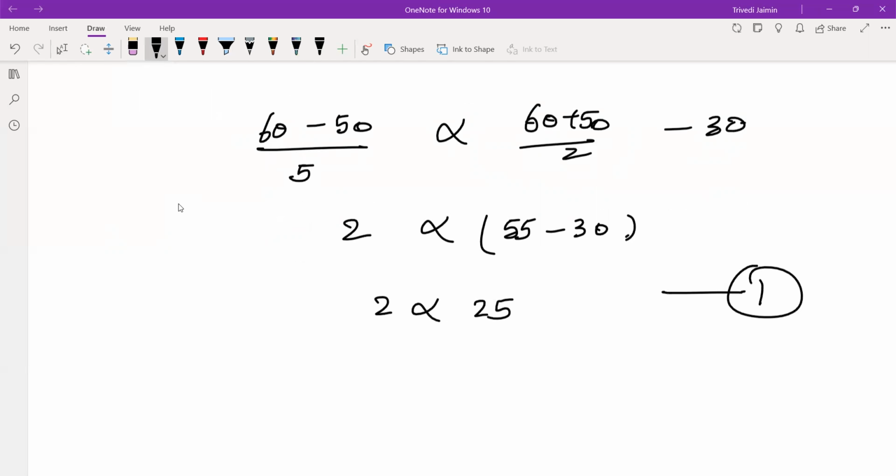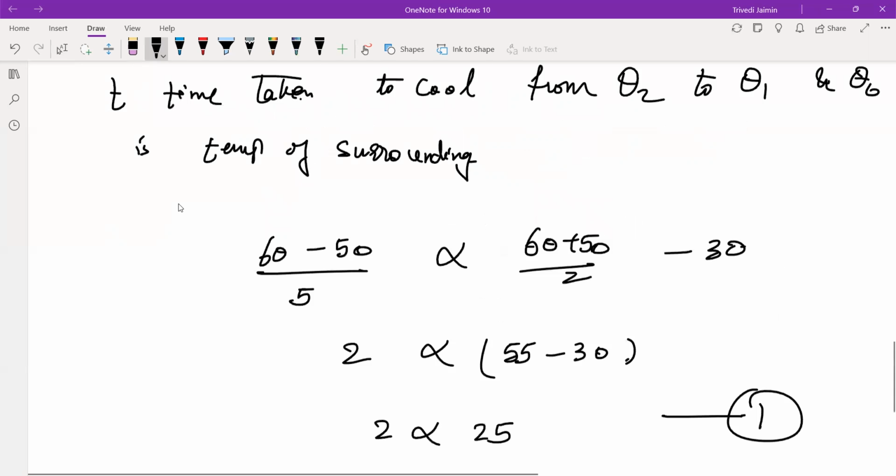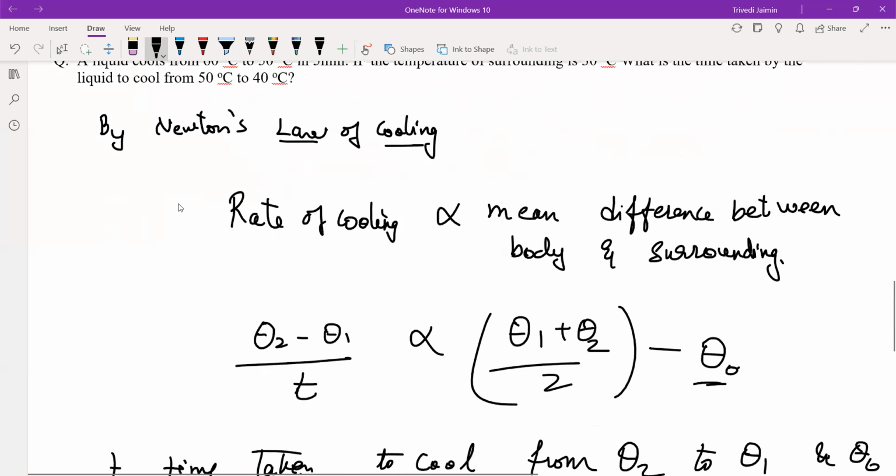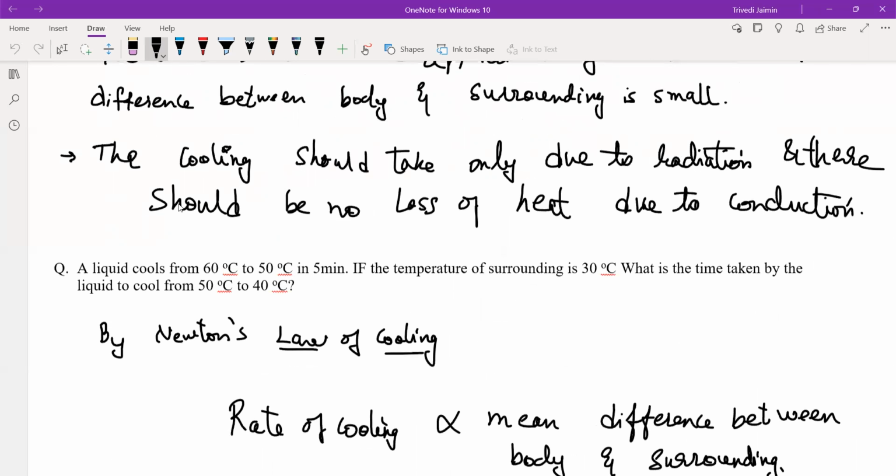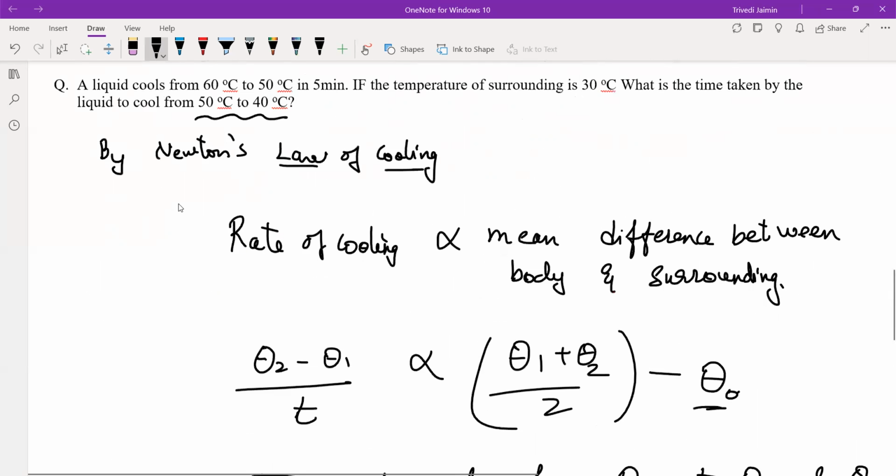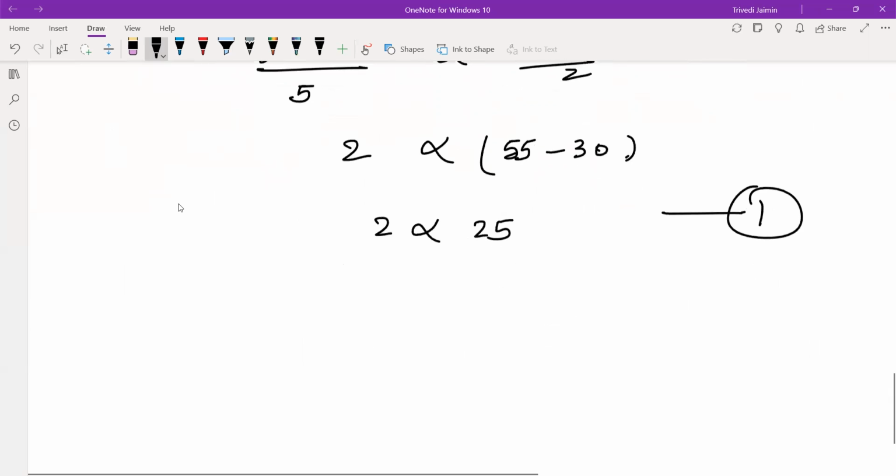In the second condition, what's the value? 50 and 40. Same manner, 50 minus 40.